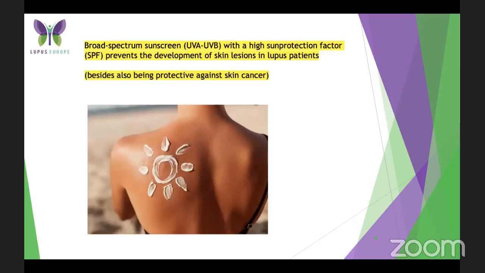The following sentence says that broad spectrum sunscreen, so sunscreen with a good protective factor, has actually been investigated and proven to prevent the development of skin lesions in patients with lupus. It is also protective against skin cancer if you apply sunscreen on your skin. Next slide, please.